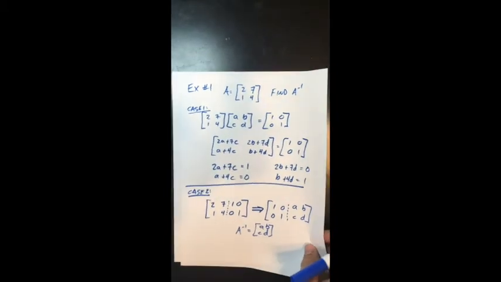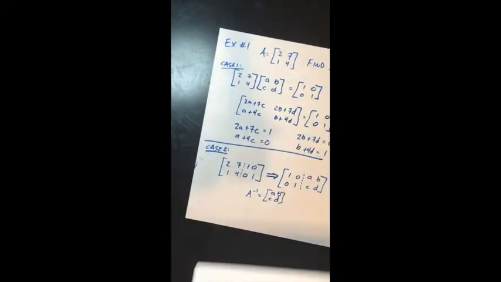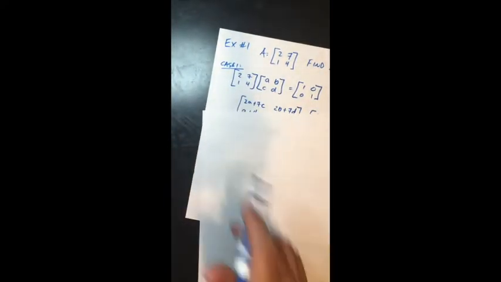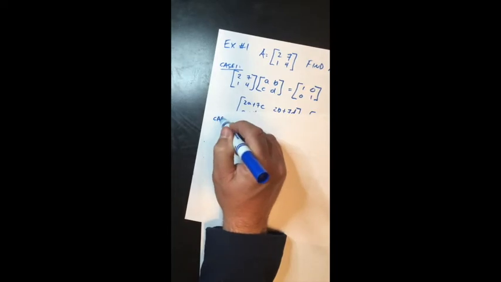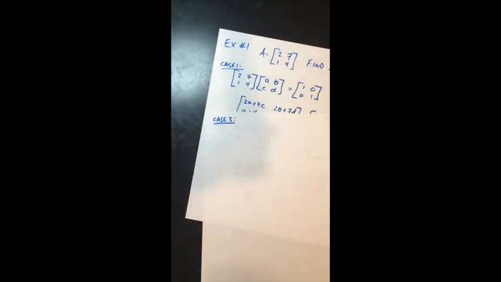However, there's a third case that works specifically for 2 by 2 matrices when you're trying to find an inverse. So case 3, we actually have a formula that we can use. The formula is based on something that we're going to talk about in section 8, which is the determinant.